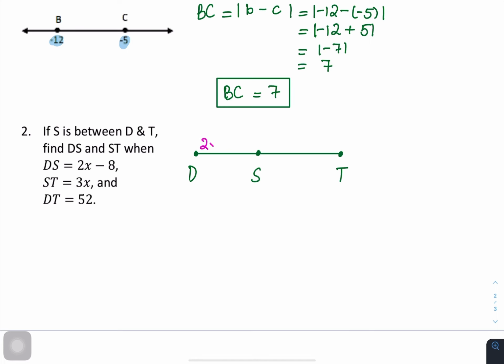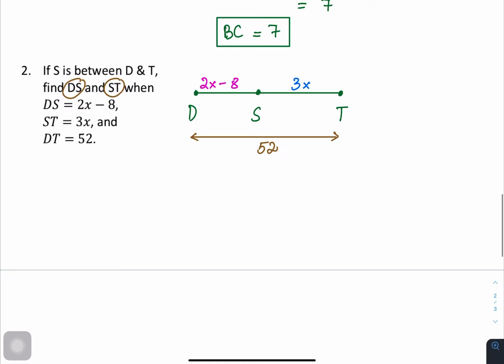I'm going to label that 2x minus 8. ST is 3x. And DT is 52, the longest segment. They want us to find DS and ST.